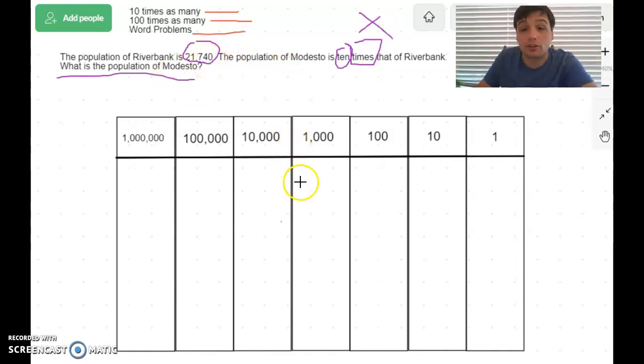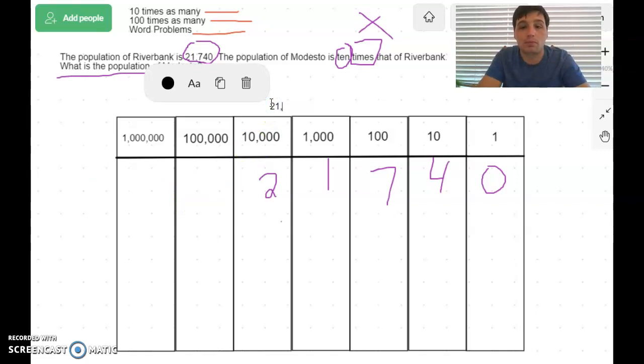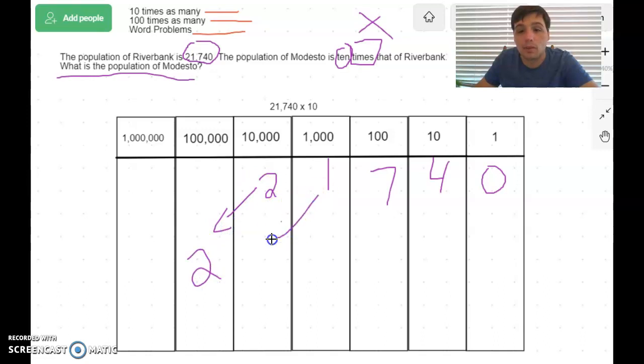So with that, I can figure it out. I have 21,740, and I want to multiply that by 10. If I write it out as a problem, it will really help me to think about it. I just take everything and move it over one place value. 1,000 becomes 10,000. 700 becomes 7,000. 4 tens becomes 400.